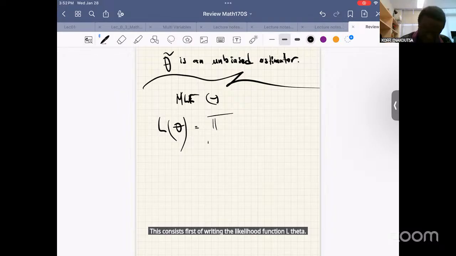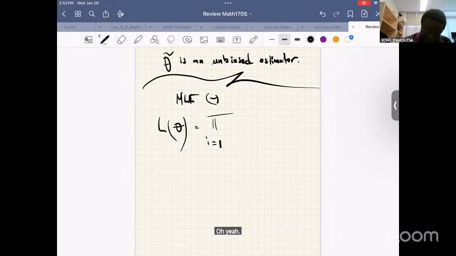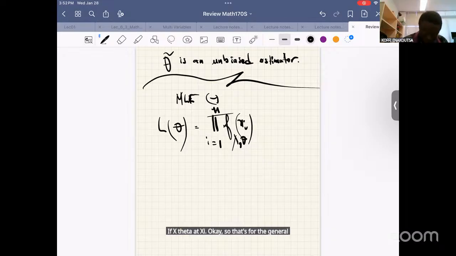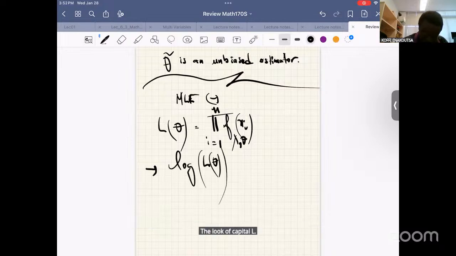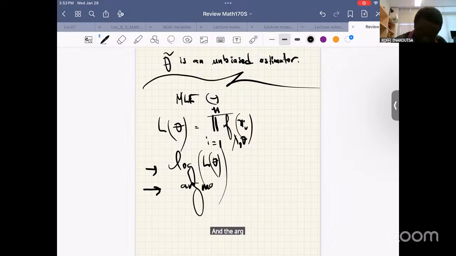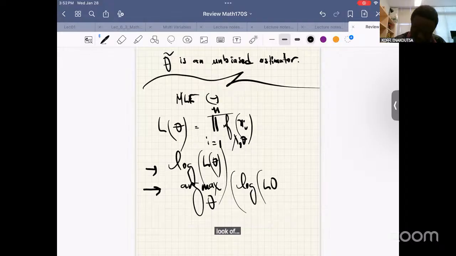It's the product for i from 1 to n of f_X(x_i; theta), like this. So that's for the general case. Then you find the log of capital L of theta. Then you find the argmax over theta of the log of the likelihood function, and that will give you theta hat.